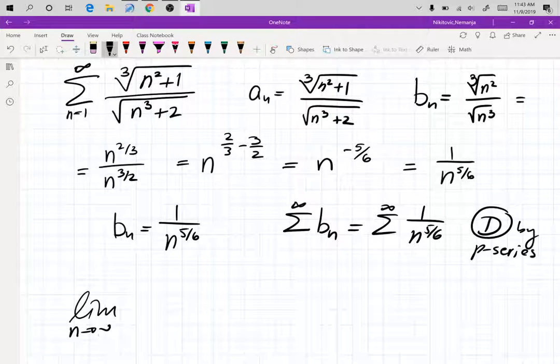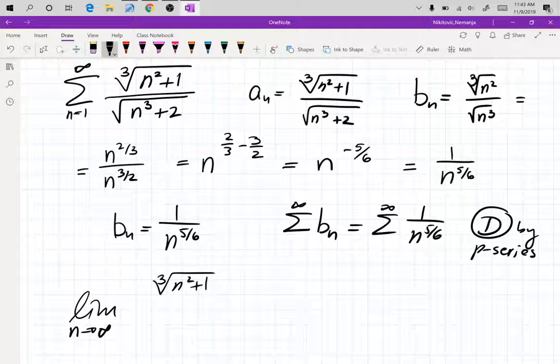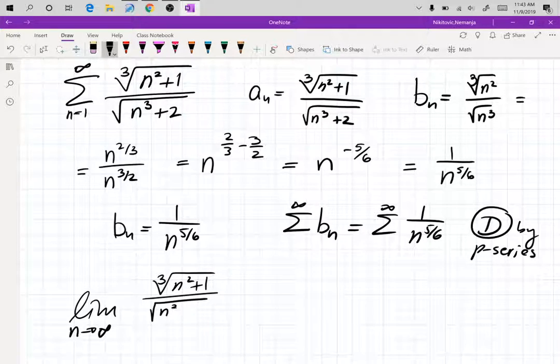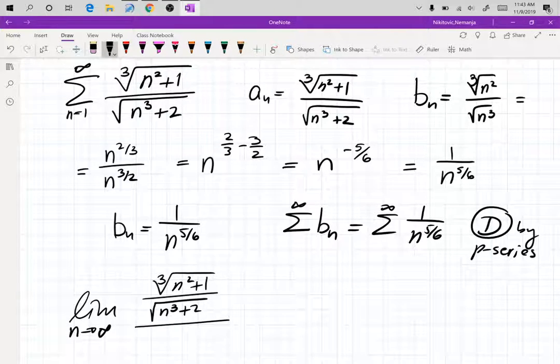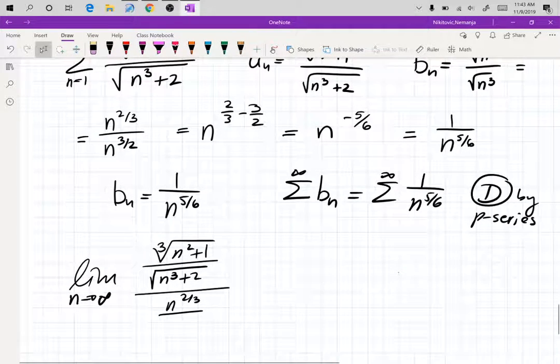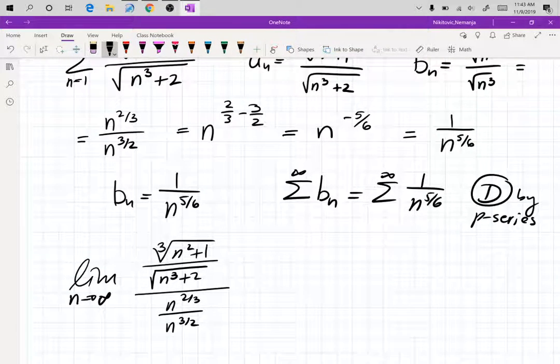As n goes to infinity, we have cube root of n squared plus 1 divided by square root of n cubed plus 2, divided by n to the 2/3 divided by n to the 3/2.